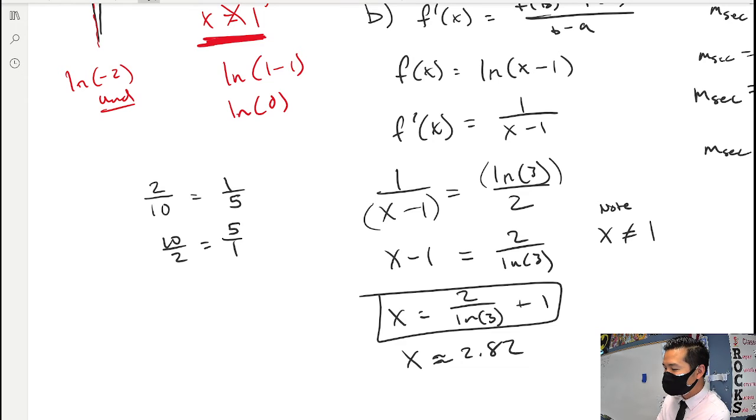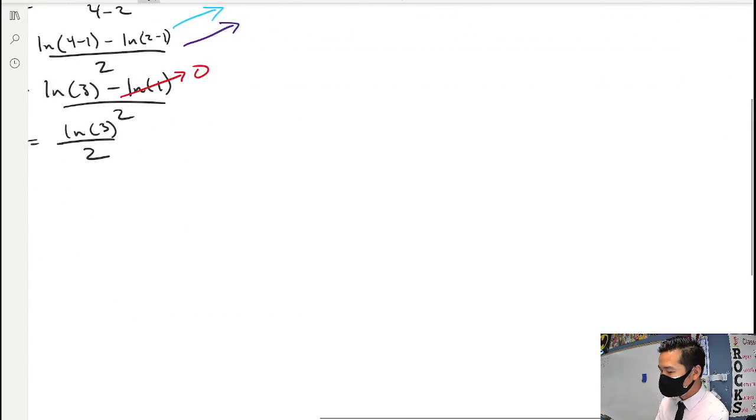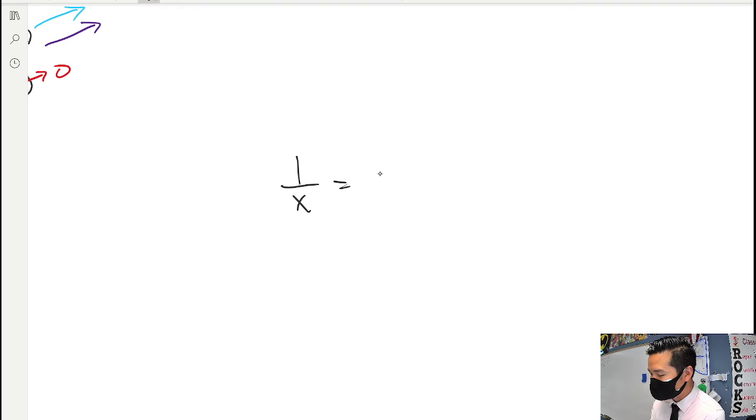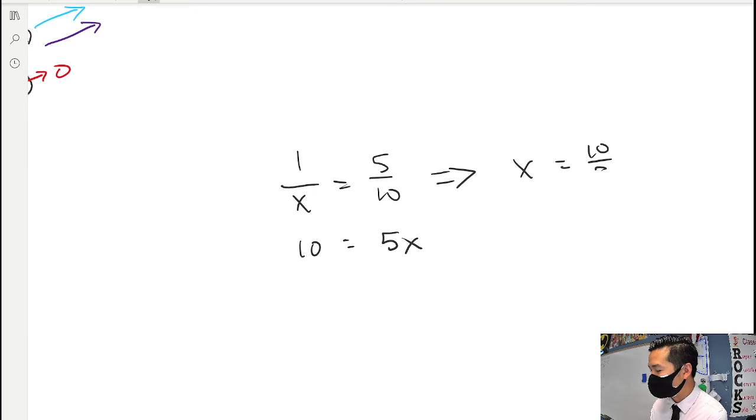If you ever solved a problem where 1 over x was equal to 5 over 10, for example, you could cross multiply and write this as 10 is equal to 5x, right? But then you have to divide both sides by 5. Or what you could have done was just write it as x is equal to 10 over 5. It's the same thing as cross multiplying and dividing, right?